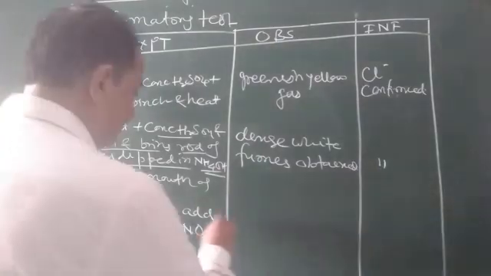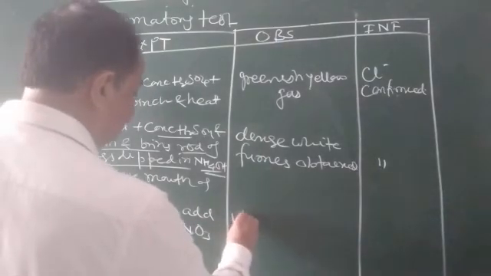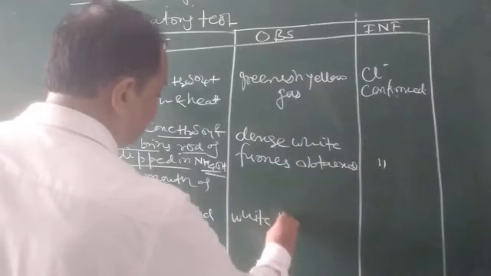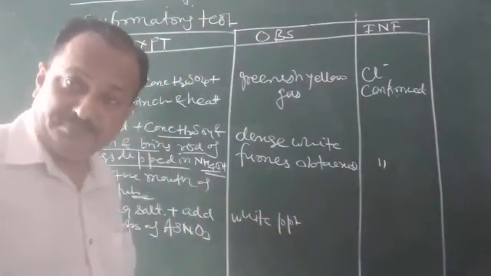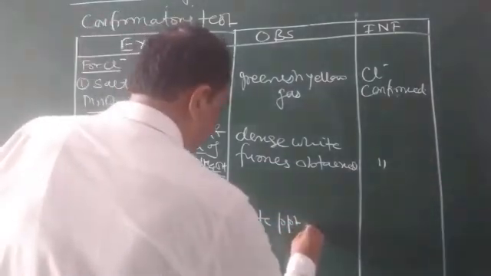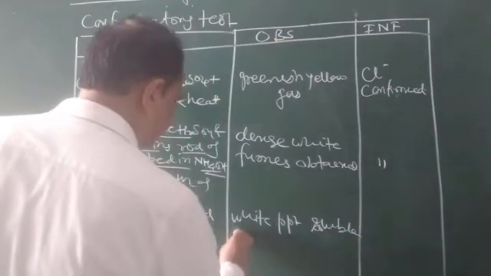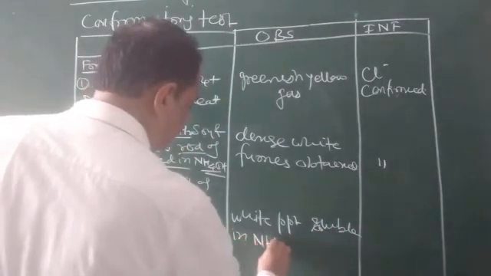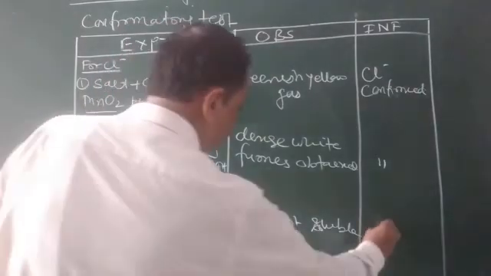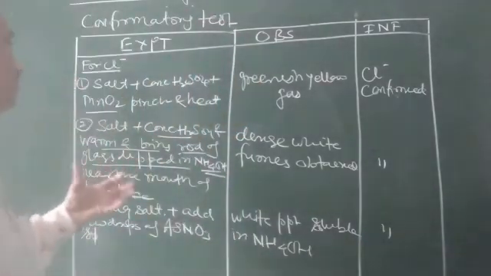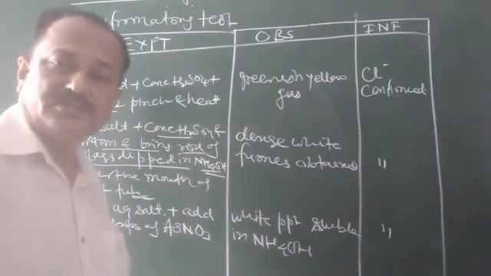Here there is formation of a white precipitate, soluble in NH4OH. So here it is confirmed. So this is for the chloride.